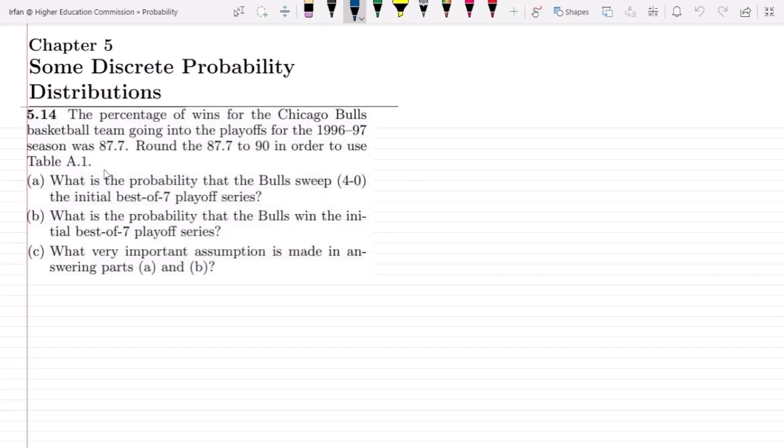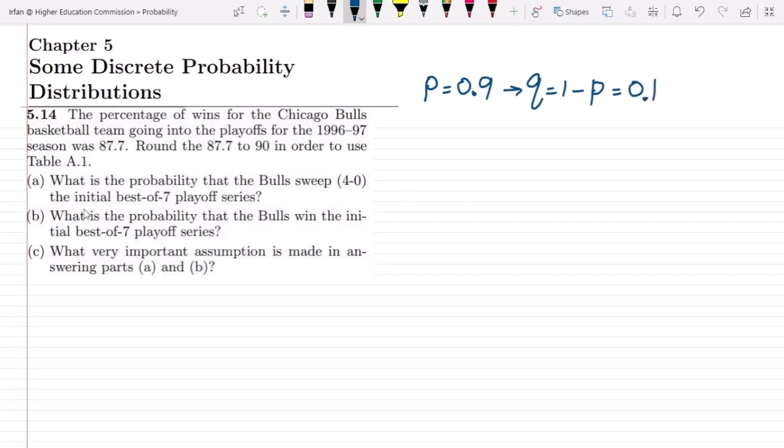We are not going to use table A.1, but let us assume that we have rounded it from 87.7 to 90, so the probability here would be 0.9. Therefore the probability of losing would be q, which is 1 minus p, and p is 0.9, so 1 minus 0.9 is 0.1.